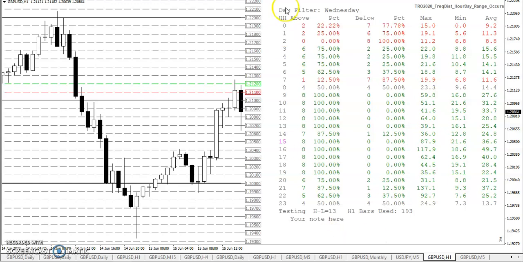Of course, you can use this on other pairs other than pound dollars, but this is one way to analyze price movement and when to trade. You can see here, normally Walmart starts trading around hour 13. I usually start trading around hour 15.